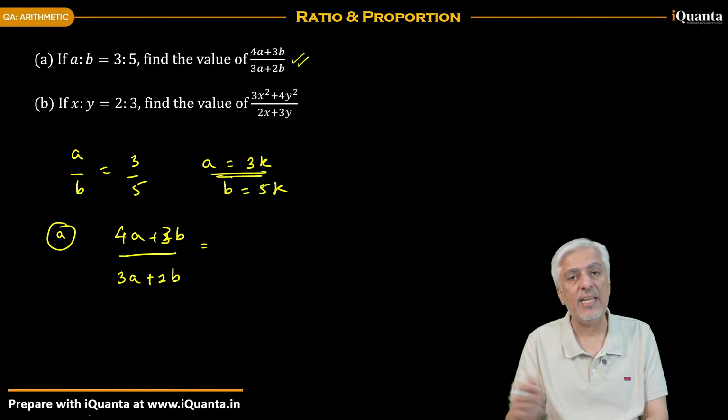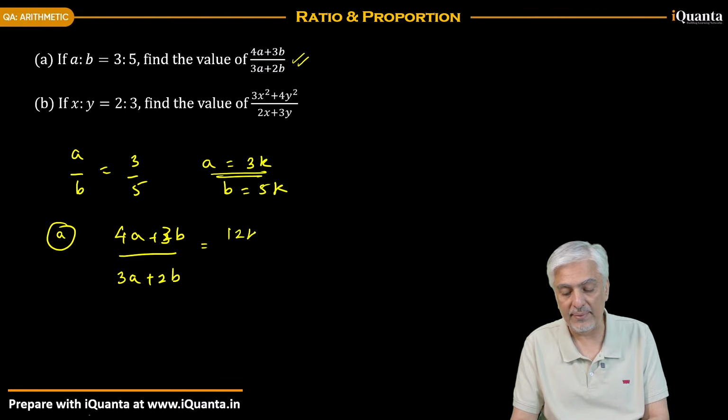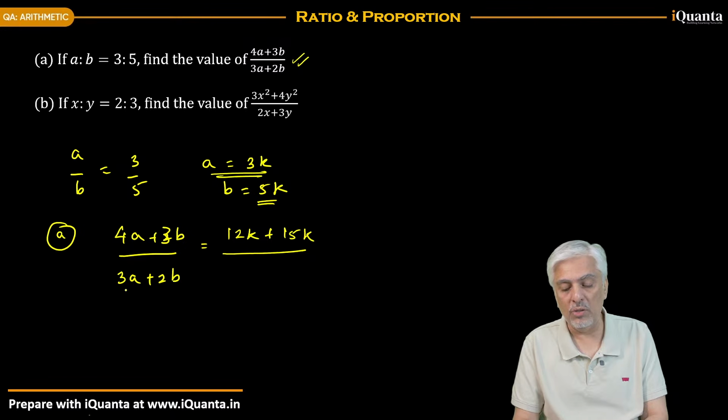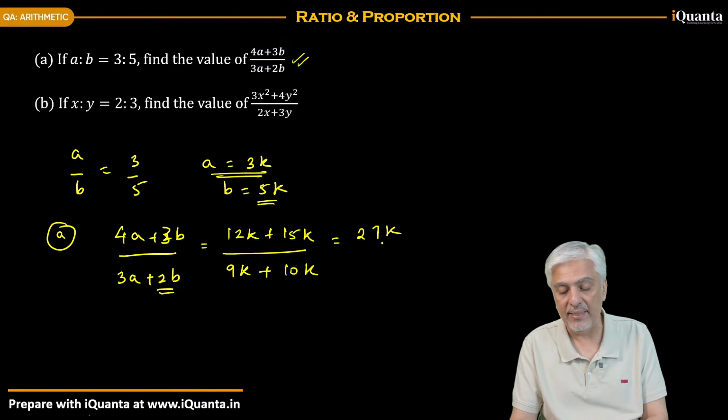So 4A becomes 12K. 3B, 3 5s are 15, 15K upon 3A. 3A will be 9K plus 2B. 2B will be 10K. So we are left with around 27K upon 19K, right?